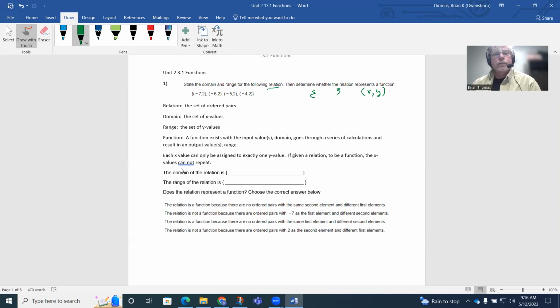A function is something that is described this way. A function exists when input values, which we'll be calling the x values, called the domain, go through a series of calculations, which is some type of formula.